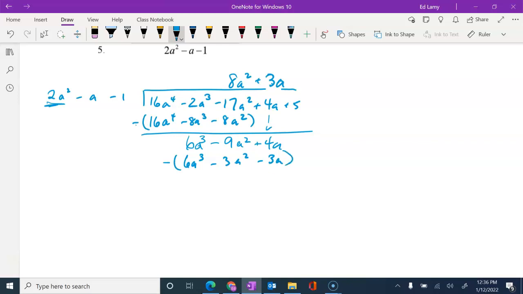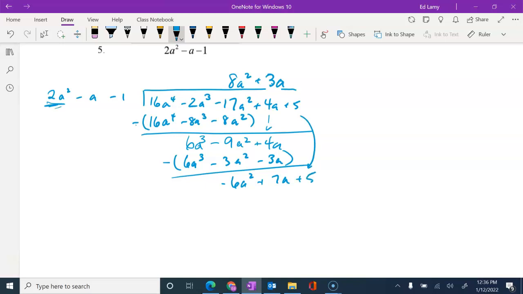And now subtract. All right, the a cubes go away. Negative 9a squared plus 3a squared would be negative 6a squared. 4a minus negative 3a would be plus 7a. And bring the 5 down.